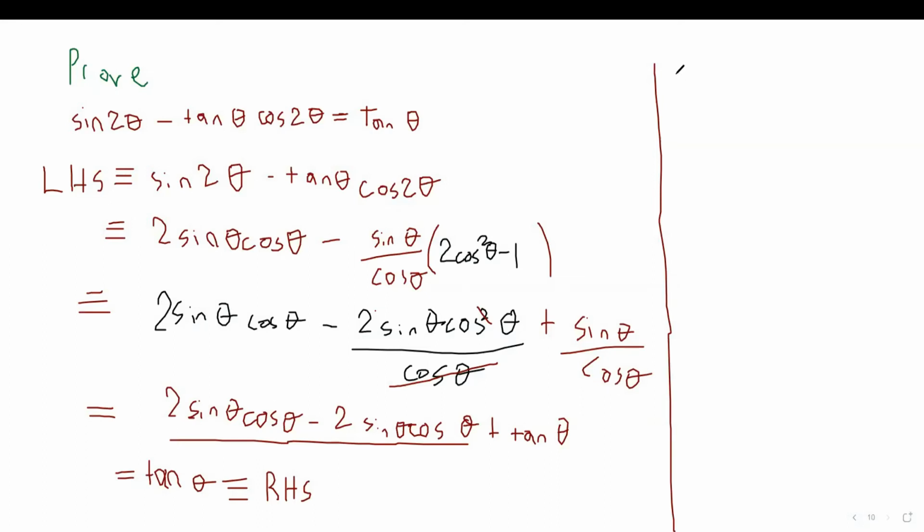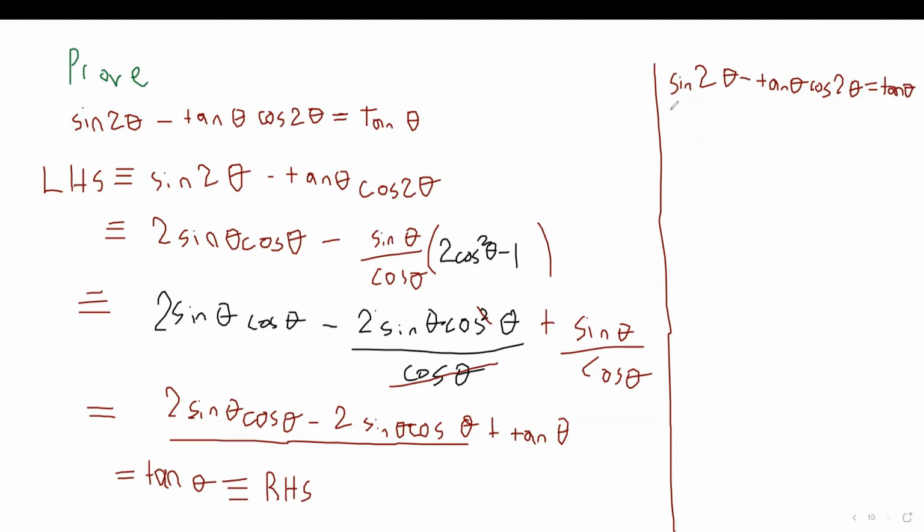So first thing is we have sine 2 theta minus tan theta cos 2 theta is equal to tan theta. So the first thing you need to do is group the tan theta on one side.